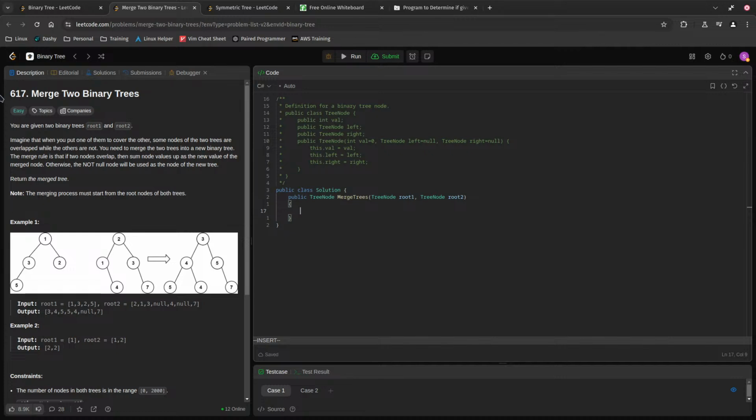The merge rule is that if two nodes overlap, then sum the node values up as the new value of the merged node. Otherwise, the not null node will be used as the node of the new tree. Return the merged tree. The merging process must start from the root nodes of both trees.